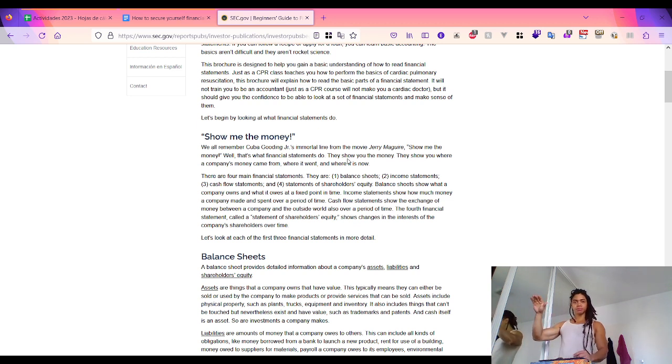Once you move down, after the company net revenue, there's a series of expenses. Most of the time you will find the cost of sales, which indicates how much money a company spent on making the product or service.